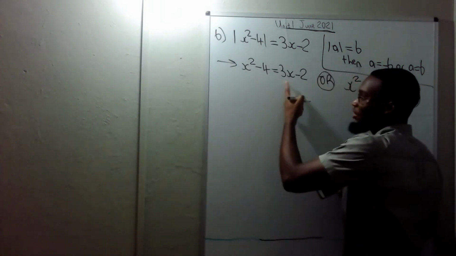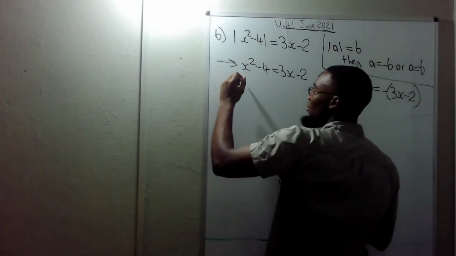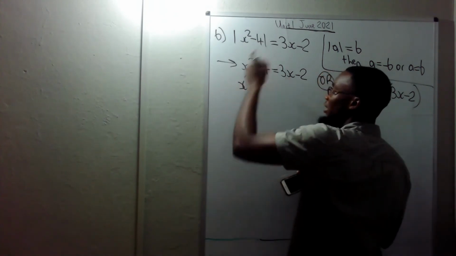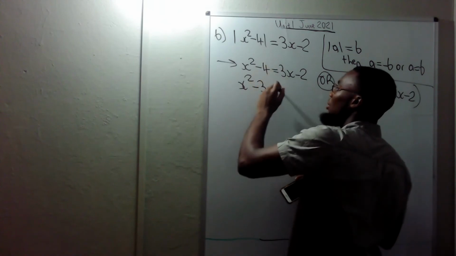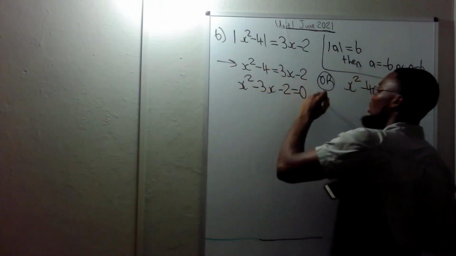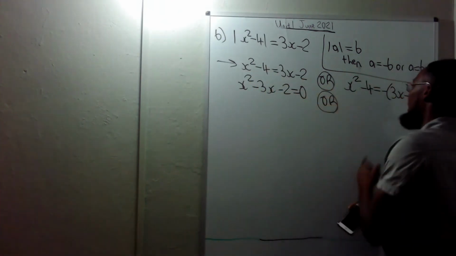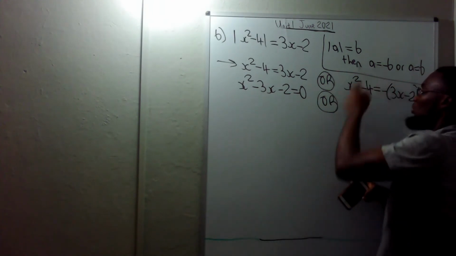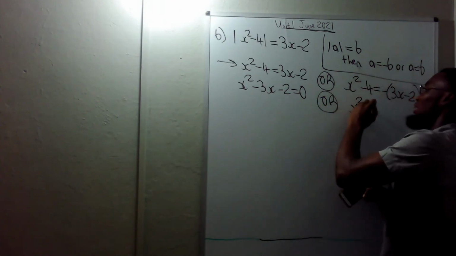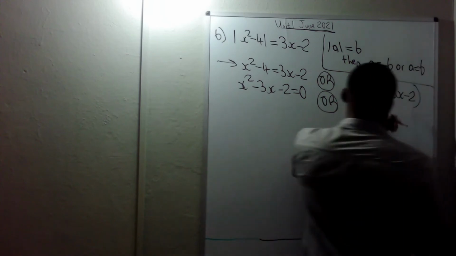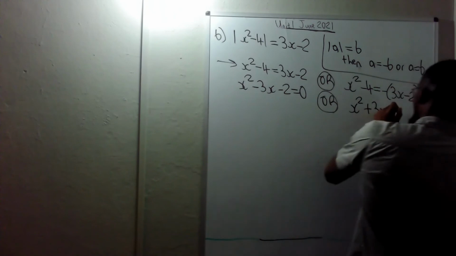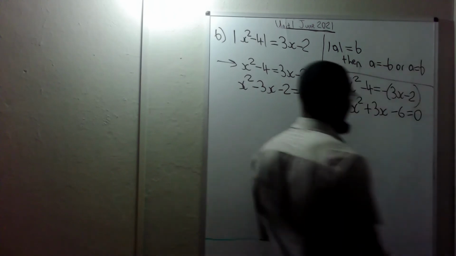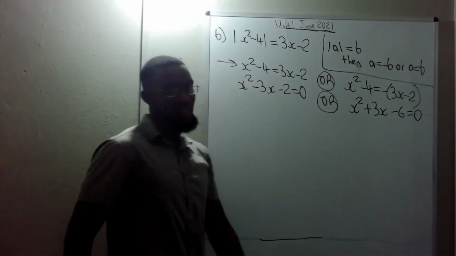If x squared minus 4 equals 3x minus 2, we end up with x squared minus 3x minus 2 equals 0. Or, for the other, minus 3x comes over here and becomes plus 3x. x squared plus 3x, minus minus 2 is plus 2, bring that over, it becomes minus 6 equals 0. So these are the two equations we're solving.